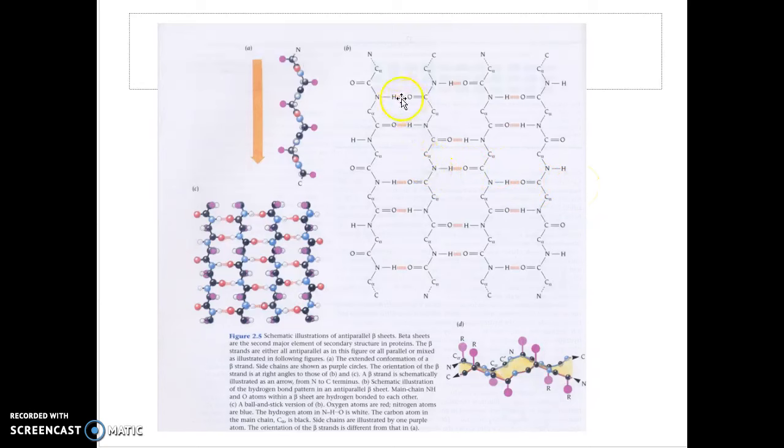So there are again hydrogen bonds between NH and CO from the two different strands that contribute to making this structure. This clearly shows you where the side chains are positioned in the pleated main chain, going down and up, all together.